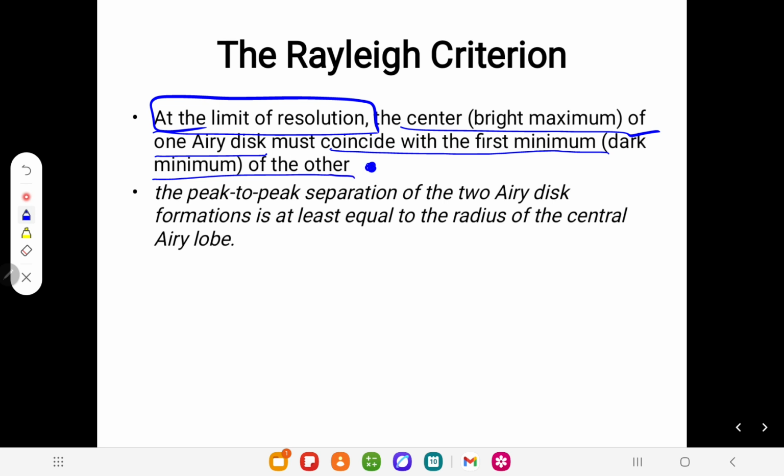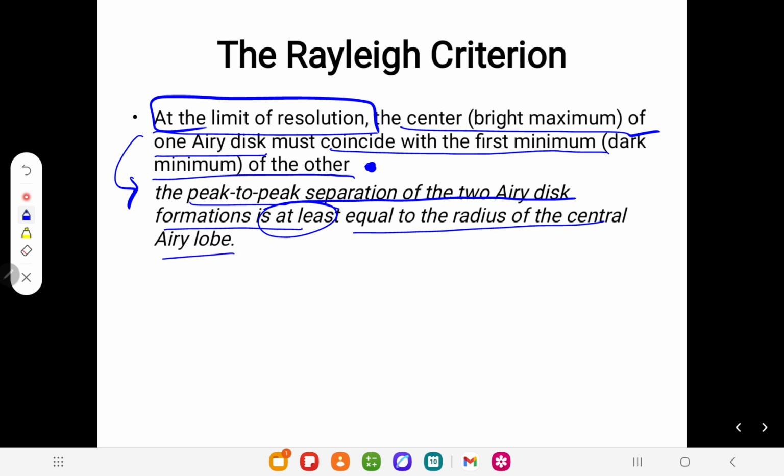This is the line we just remember for our examination and then vomit out, but we have to understand what it really means. The second line is another way of saying it; the first line is exactly correct. The peak to peak separation of the two Airy disk formations is at least, just remember this word, at least equal to the radius of the central Airy lobe.